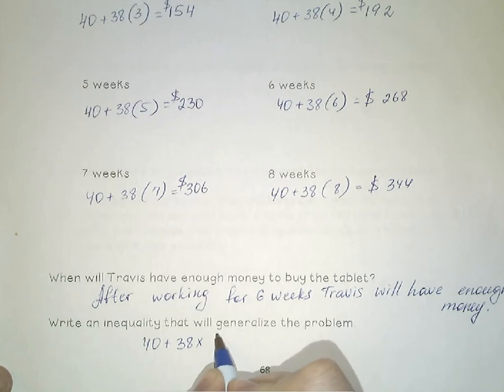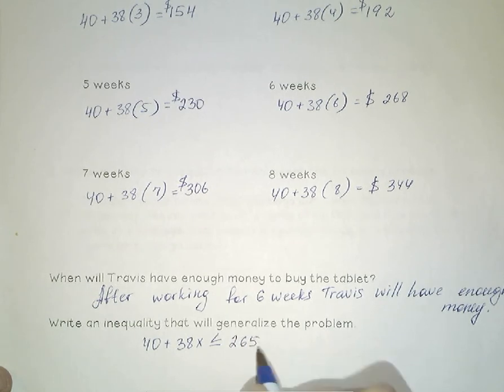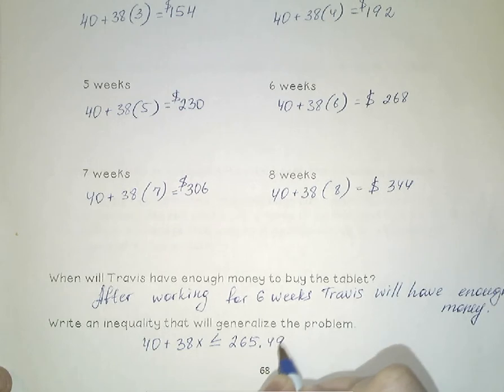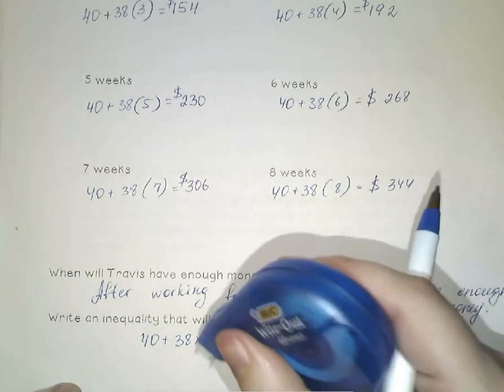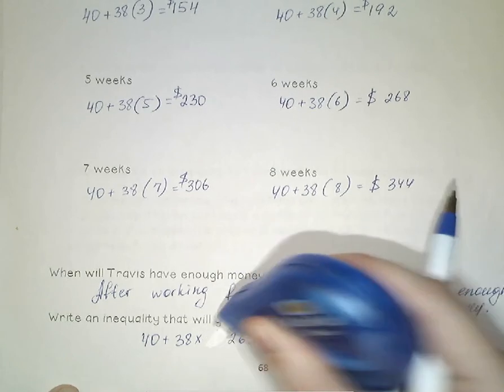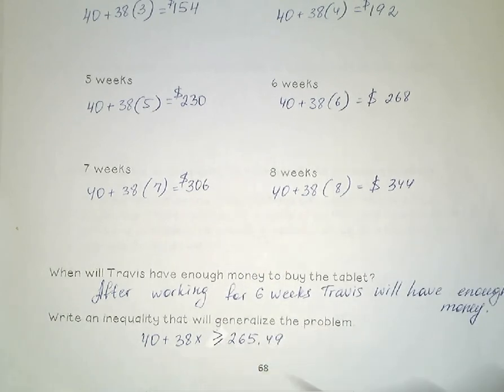So it will be less than or equal to $265.49. And I just made a mistake. I said it cannot be less, and I wrote less than. It has to be more than or equal to $265.49.